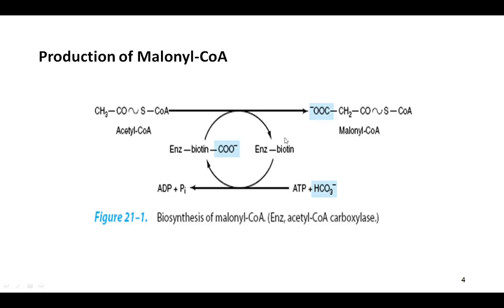This enzyme, acetyl coenzyme A carboxylase, is combined with biotin, and with the help of ATP and bicarbonate, it gets converted to the carboxylated enzyme biotin complex. Basically, the carboxylation of the enzyme biotin complex is happening with the help of ATP, and this carboxylated enzyme biotin complex gives its carboxyl group to the acetyl coenzyme A and forms malonyl coenzyme A.